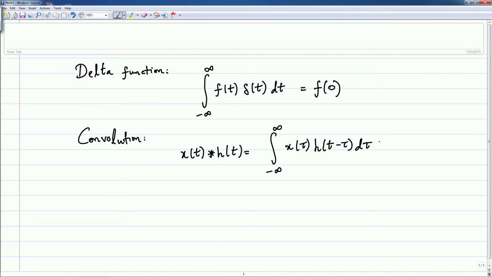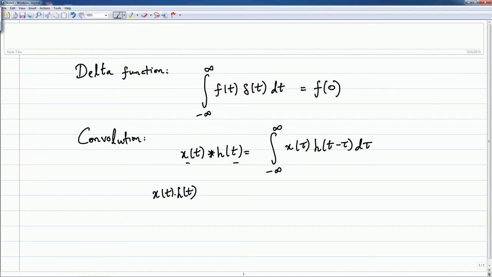Okay. So, normally if you take an operation, so for instance, if I write an operation x of t multiplied with h of t, to find the result of this operation at time t, I only need to know the value of x at time t and the value of h at time t. Only values at time t. You take those two values, multiply, you will get the answer.